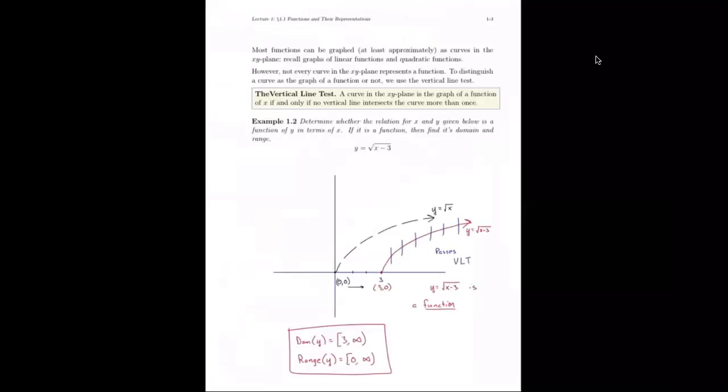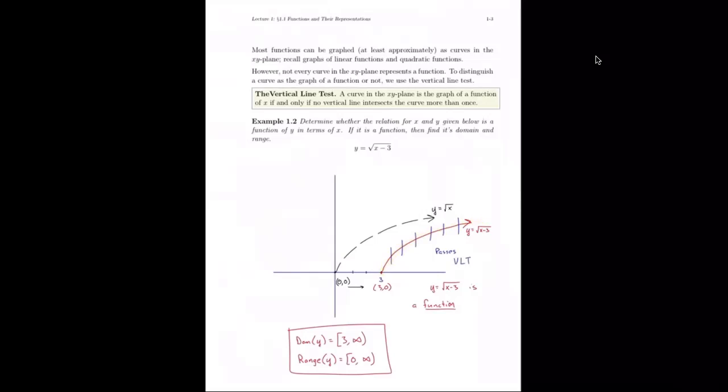Let's move on to testing whether or not a graph is actually a function. And that's the vertical line test, right? So a function, or a rule describing a set of points from one to the other that's described as a graph, or in other words, a graph of what might be a function, can be evaluated as to whether or not it's a function through the vertical line test.